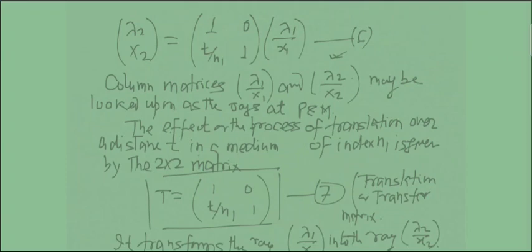So column matrices, over here this upon sign is not there. This has been put accidentally, so just ignore it.